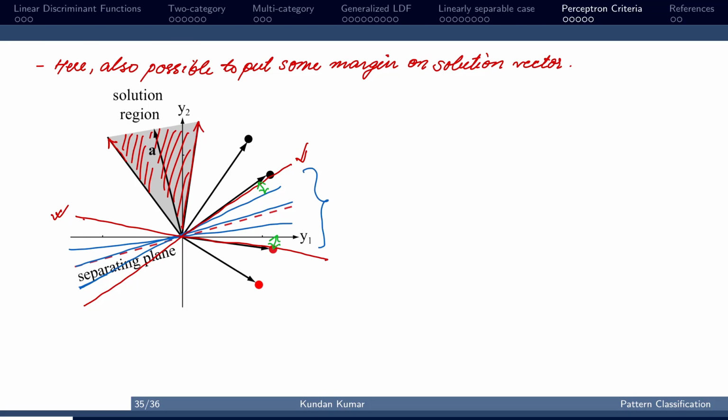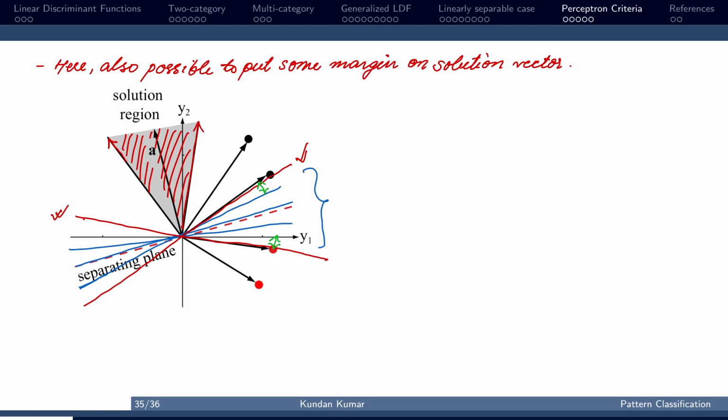So if we put some margin of safety, it may work on the test set data samples as well. So that is our objective, to consider the margin.